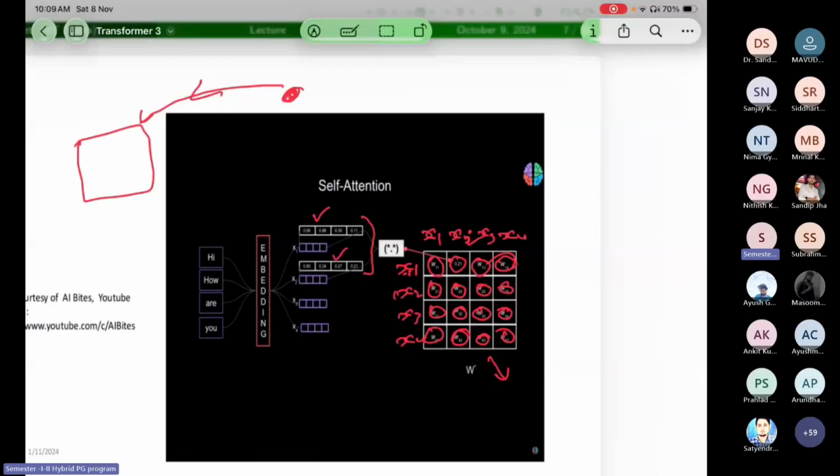They assumed that it will happen implicitly. But the transformer came and said, I'll do it explicitly. Explicitly means it will drive the equation for getting the attention mechanism.